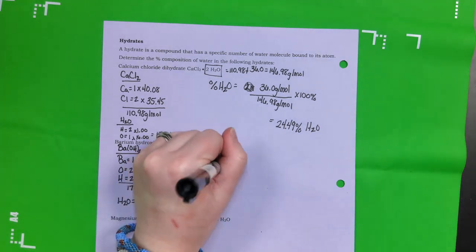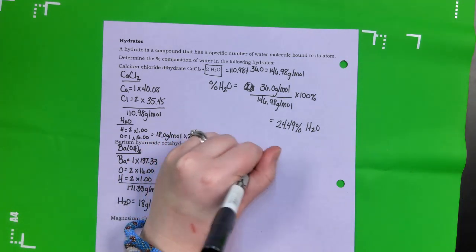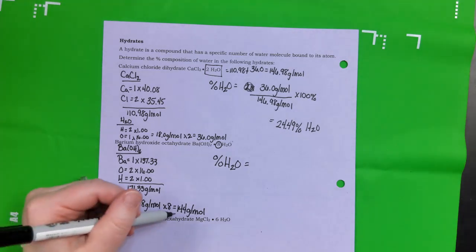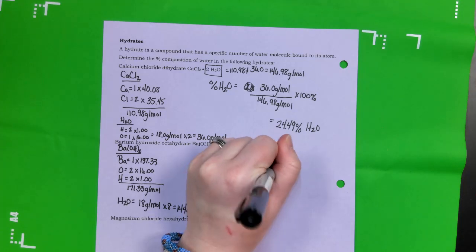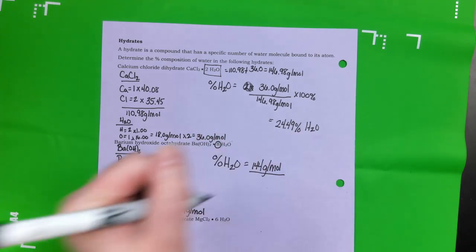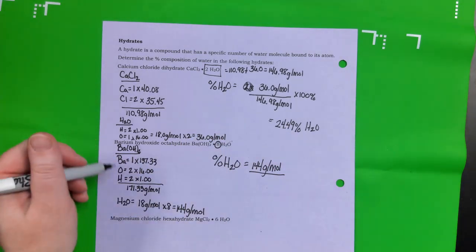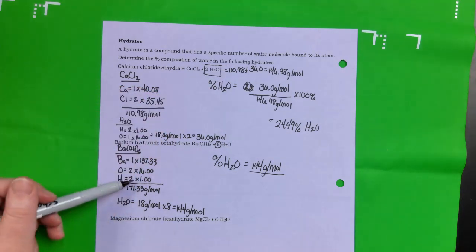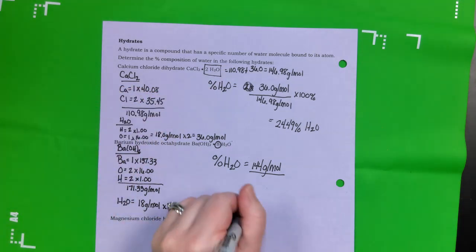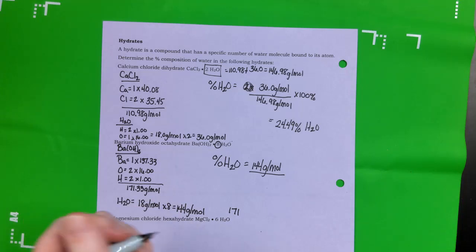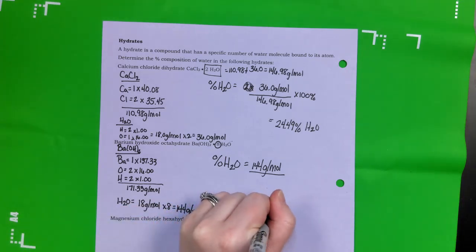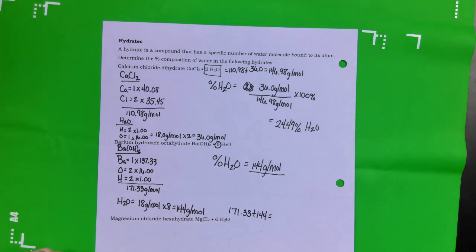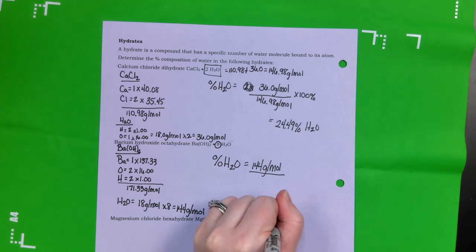So my percent water in my hydrate is equal to the mass of all the water, so 144, over the molar mass of the entire compound. So just like up here, I need to combine these together. So I'm going to take 171.33, add my 144, and when I do that, I get a grand total of 315.33.